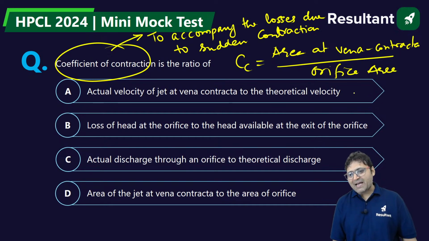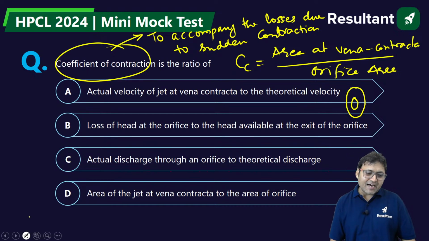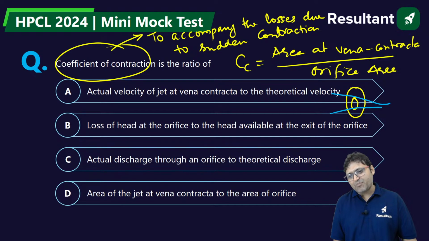Whenever the fluid passes through the orifice like this, then due to inertia, the fluid particles will keep on converging. For some distance they will keep on converging like this and then they diverge like this.